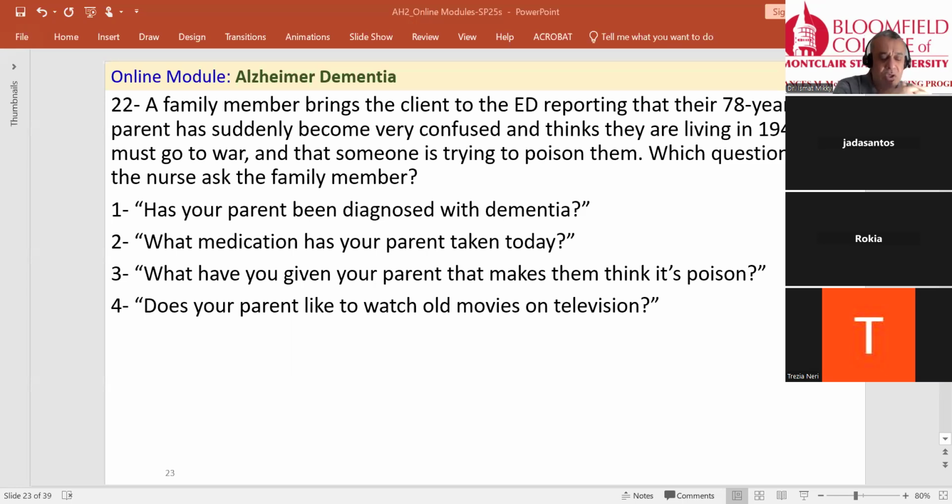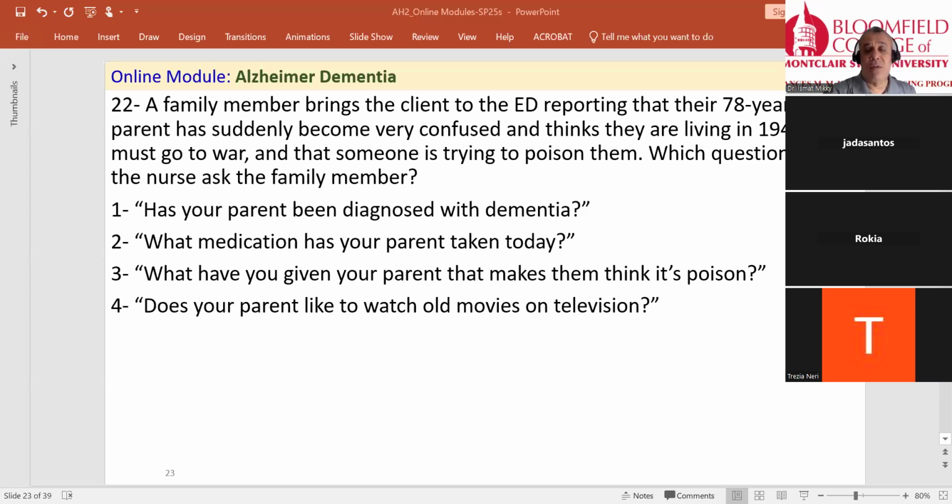They are the main factor that may predispose older adults to develop delirium.